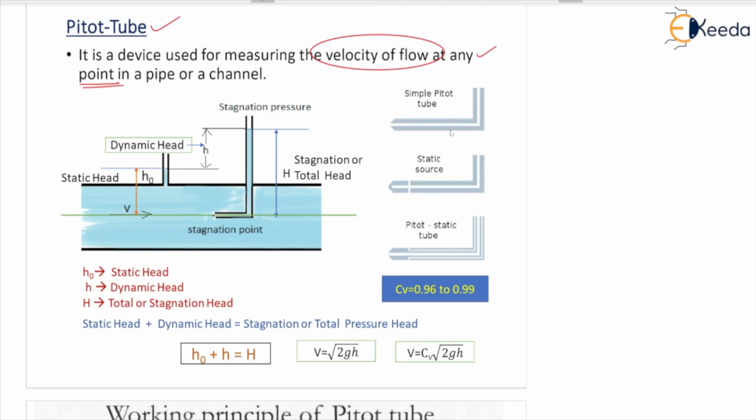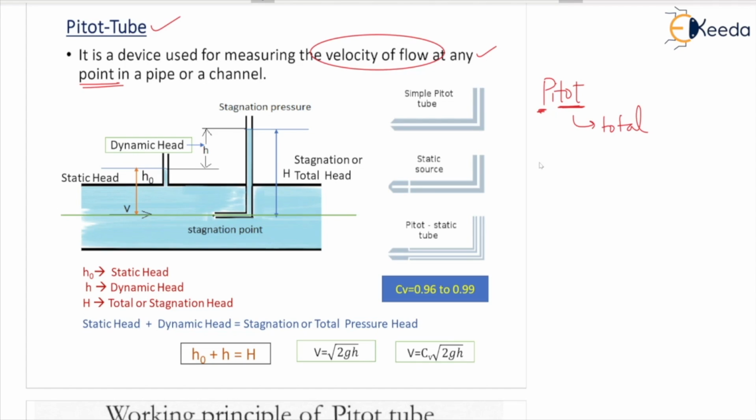So how to understand? Look at this diagram on the right-hand side. Simple pitot tube. What is pitot actually? When you write pitot, this is total pressure. TOT stands for total and P stands for pressure, total pressure.